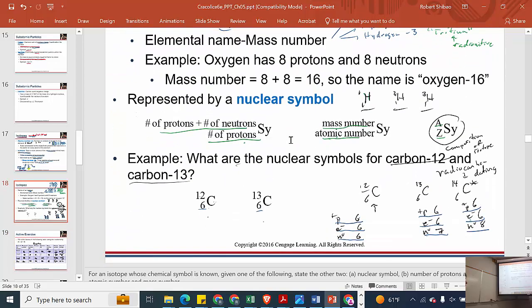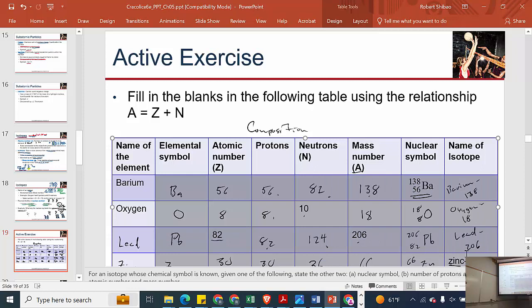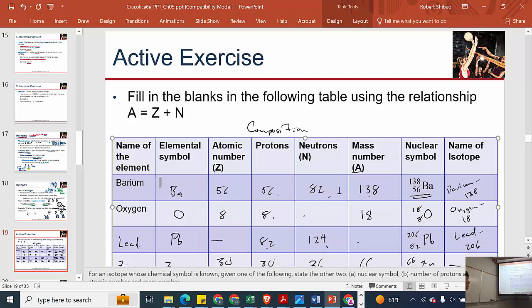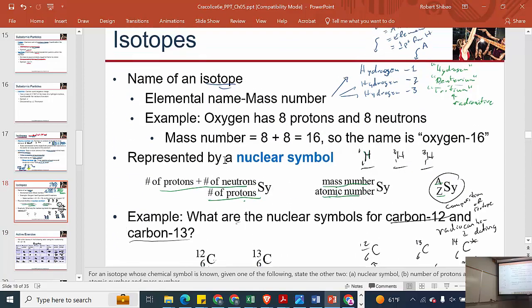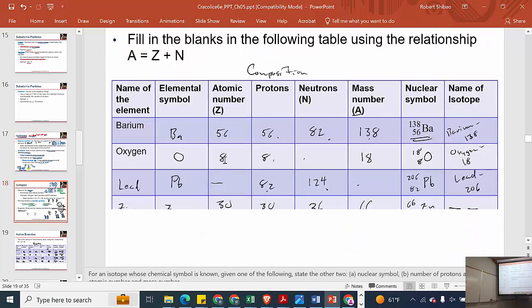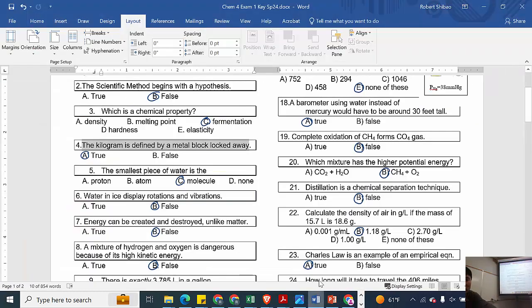Okay, this table I need to... I should have just started. Let me delete this. Let's do this table next. I'm going to do this in a Word.